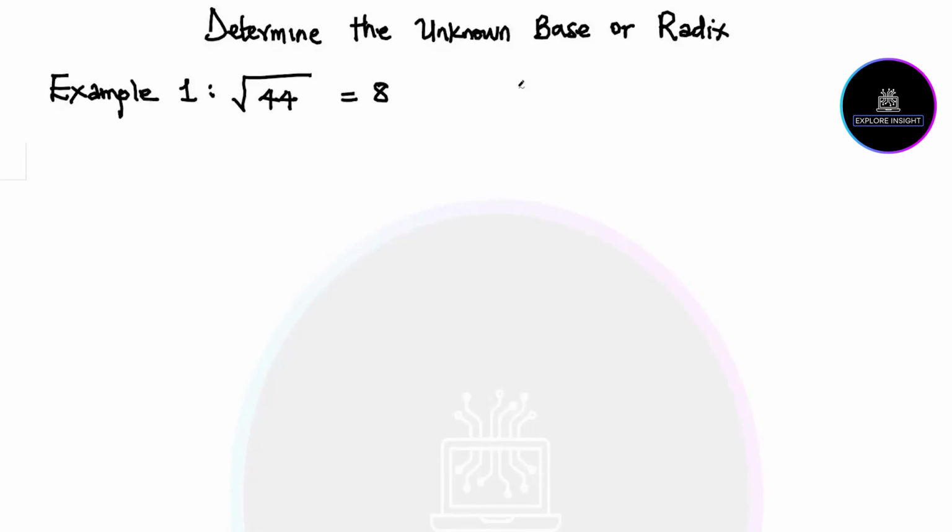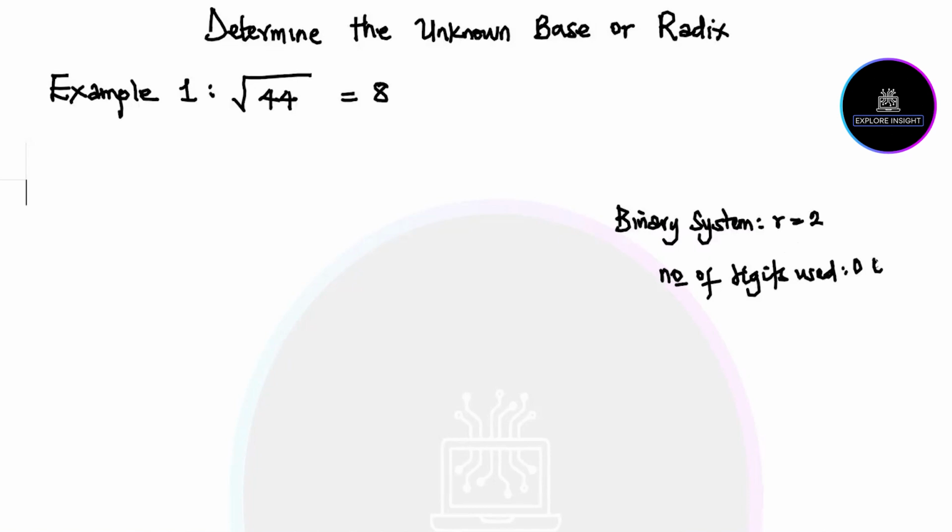In our last video, I talked about how to know the maximum value and also the number of digits used. To recap, remember I told you about the binary system where the radix is 2, and the digits used are 0 to 1.